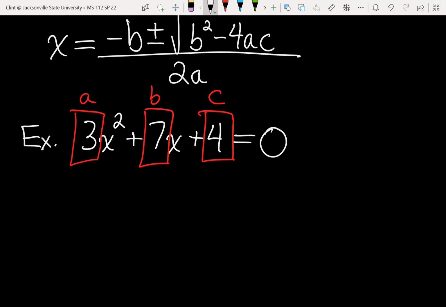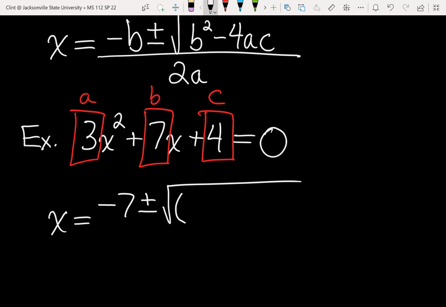So b is 7. So I'm going to have the opposite of that, so negative 7 plus minus the square root. I strongly recommend on the b squared part you put parentheses.